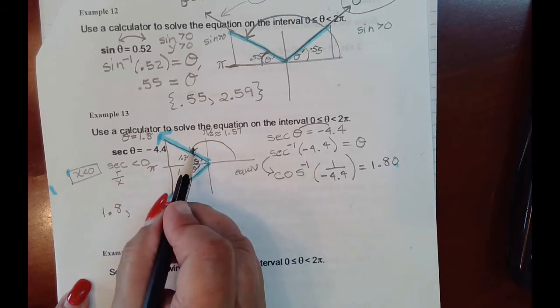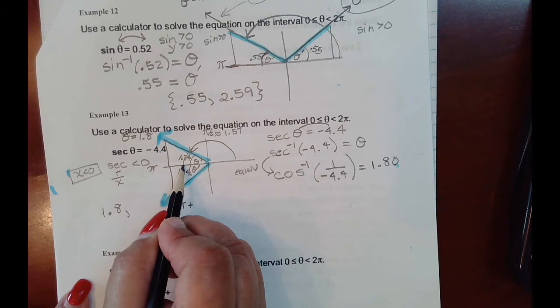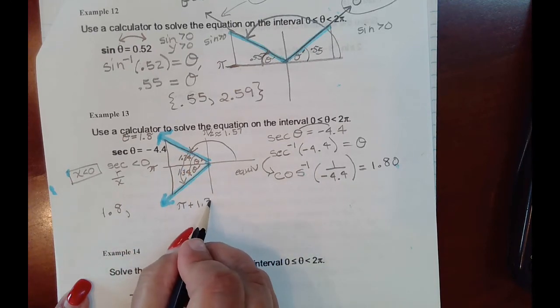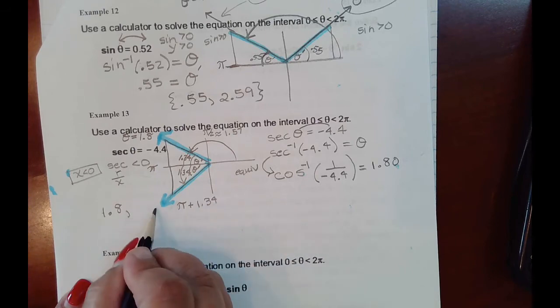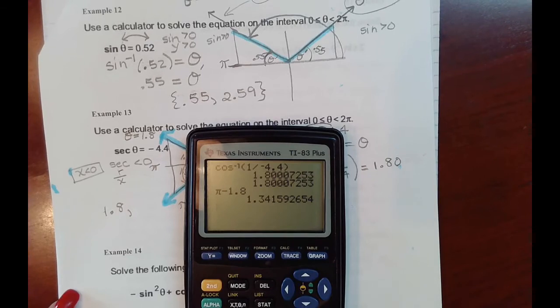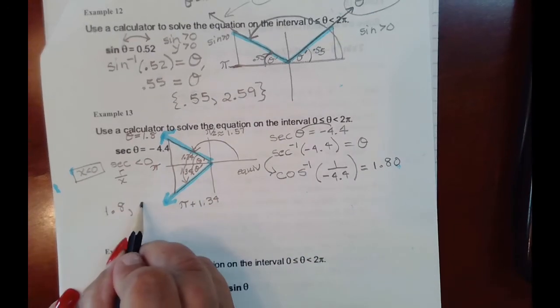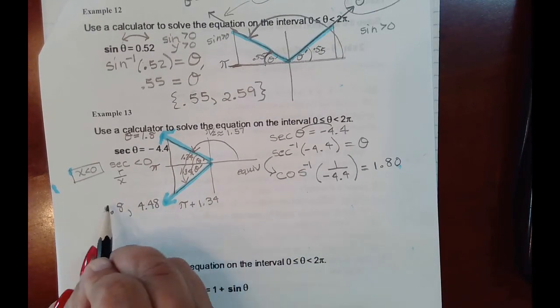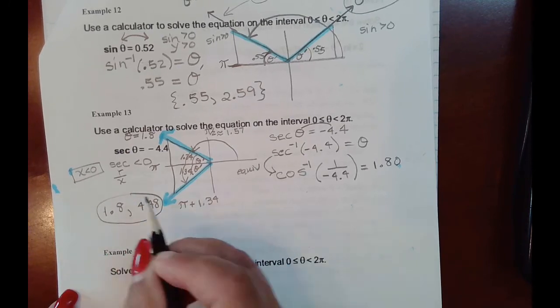So if you rotated all the way to pi, but then rotated an additional 1.34, that would give you where this other theta is. So 1.34 plus second function pi is 4.48. And those are your two solutions using a calculator.